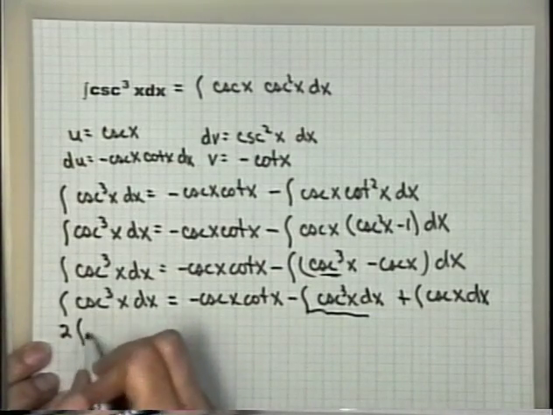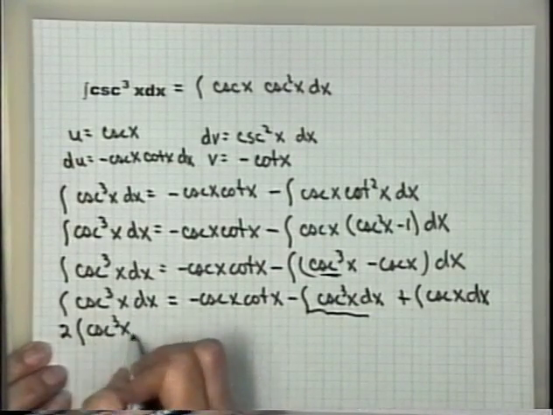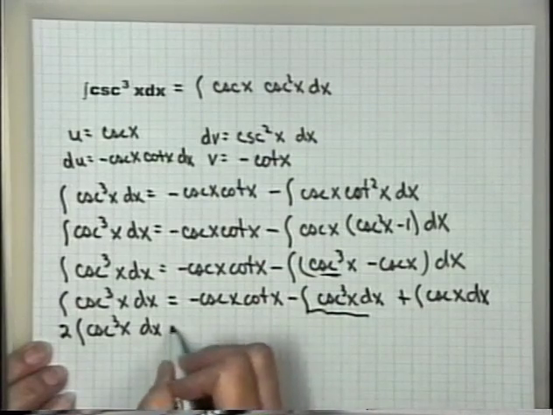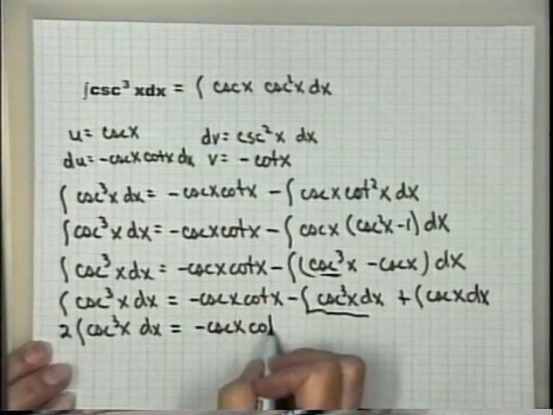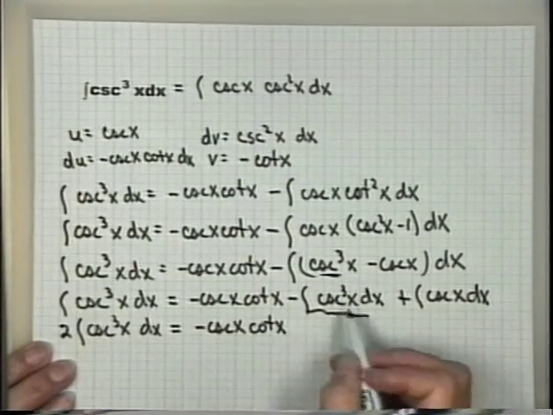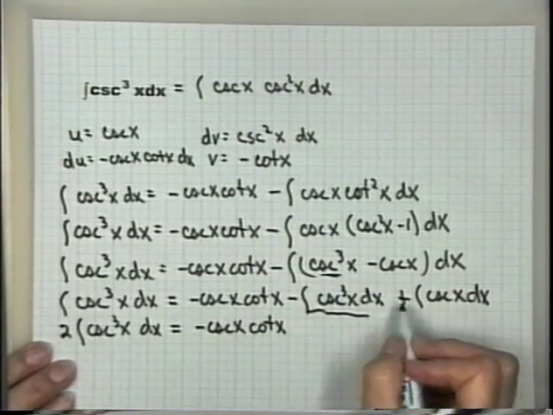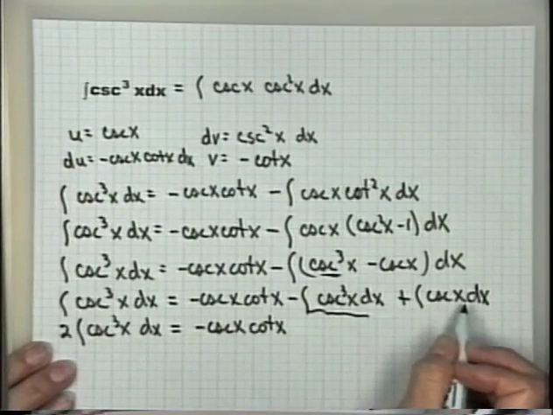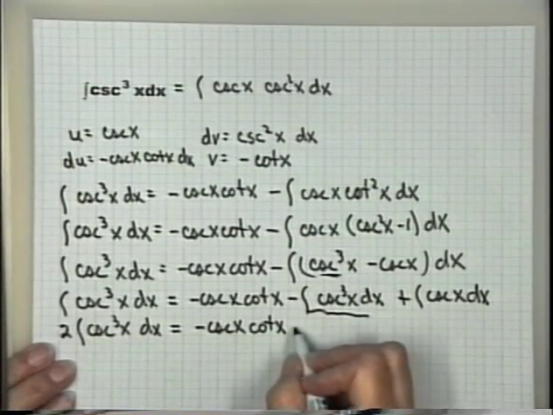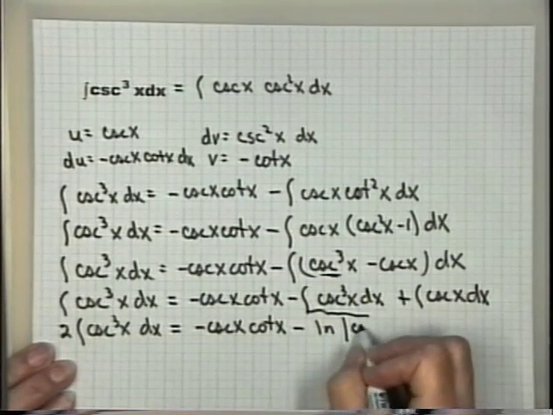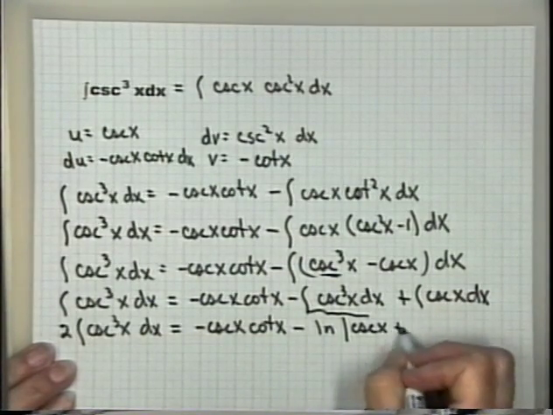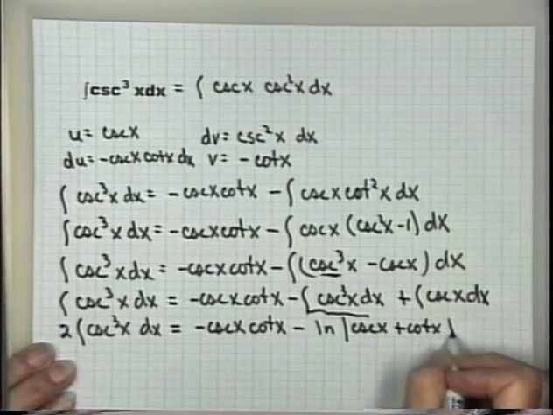That will give me 2 of these cosecant cubed x dx integrals. And over here, I will still have this minus cosecant x cotangent x. This has gone to the other side. And the antiderivative of cosecant x, if you have not forgotten that formula, is minus the natural log absolute value cosecant x plus cotangent x.